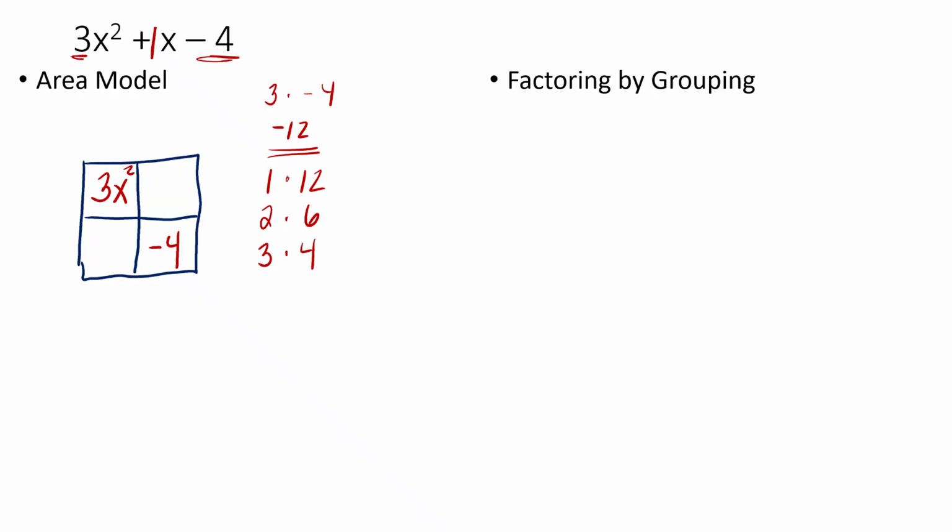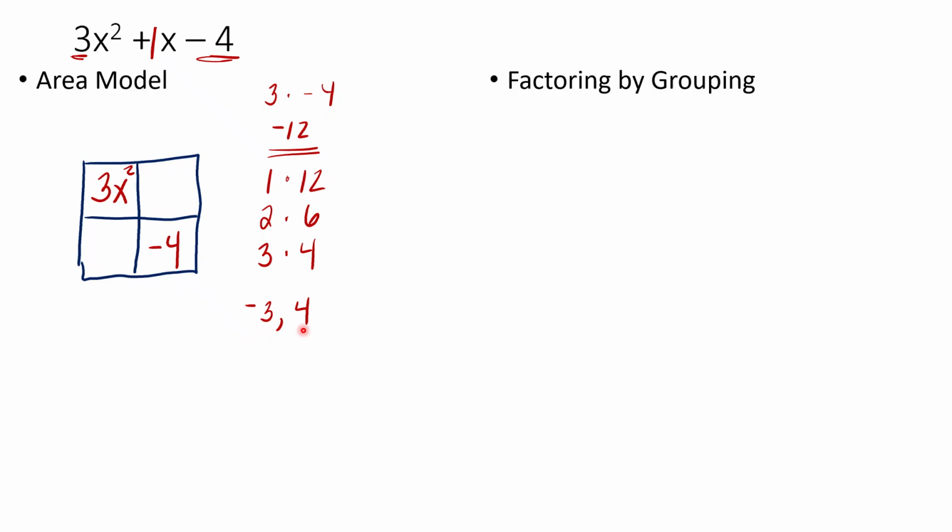And then I come back and say, okay, what do I need these to add up to? Well, I need them to add up to a 1. I can get the 3 and the 4 to add up to a 1 if the 3 is negative and the 4 is positive.